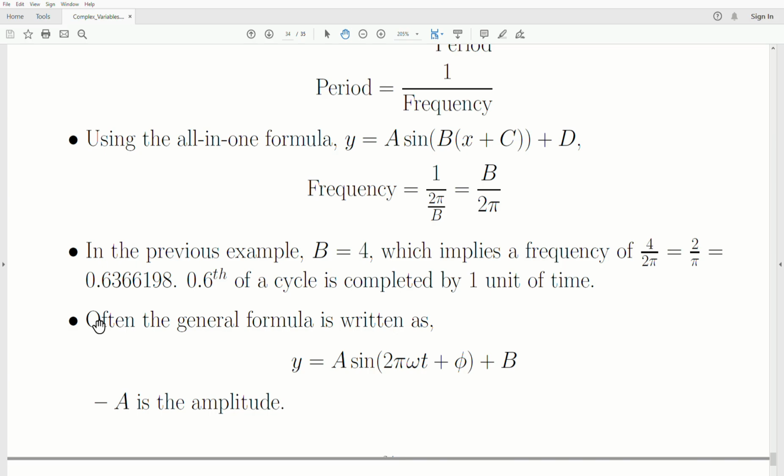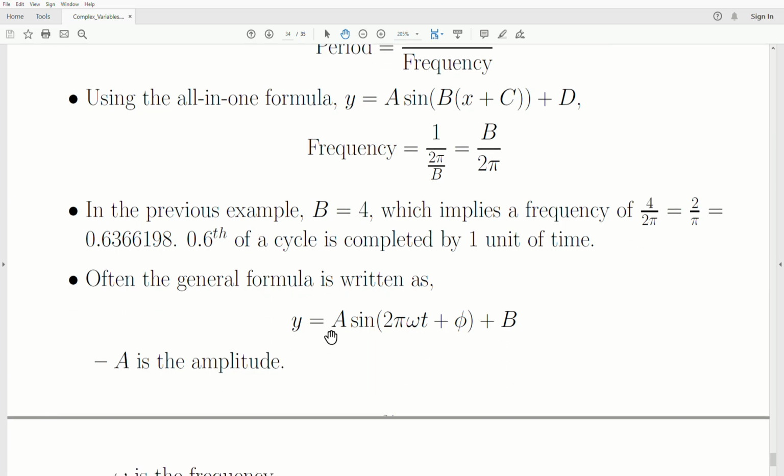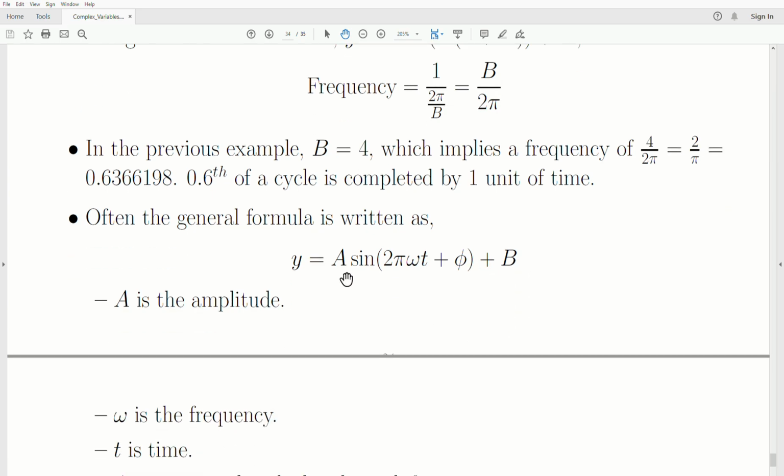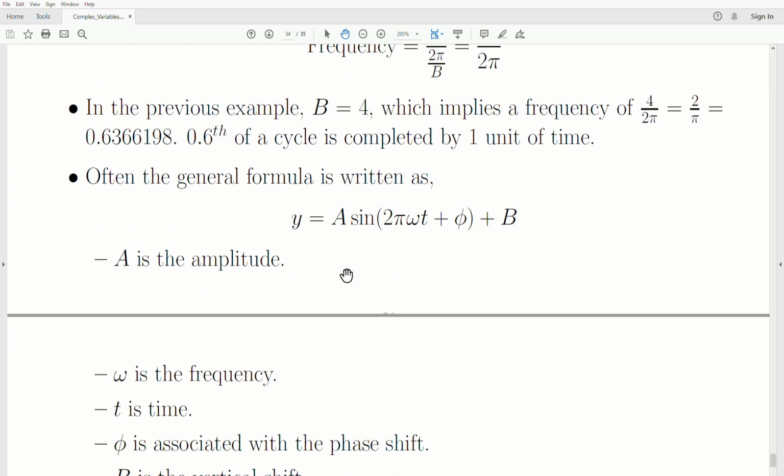Now, often the general form is written in this form. It's very similar. So it's A times the sine of 2 pi omega times t plus phi, plus b. Okay, so A is again the amplitude, but when it's written in this form, omega is the frequency of this function, right?